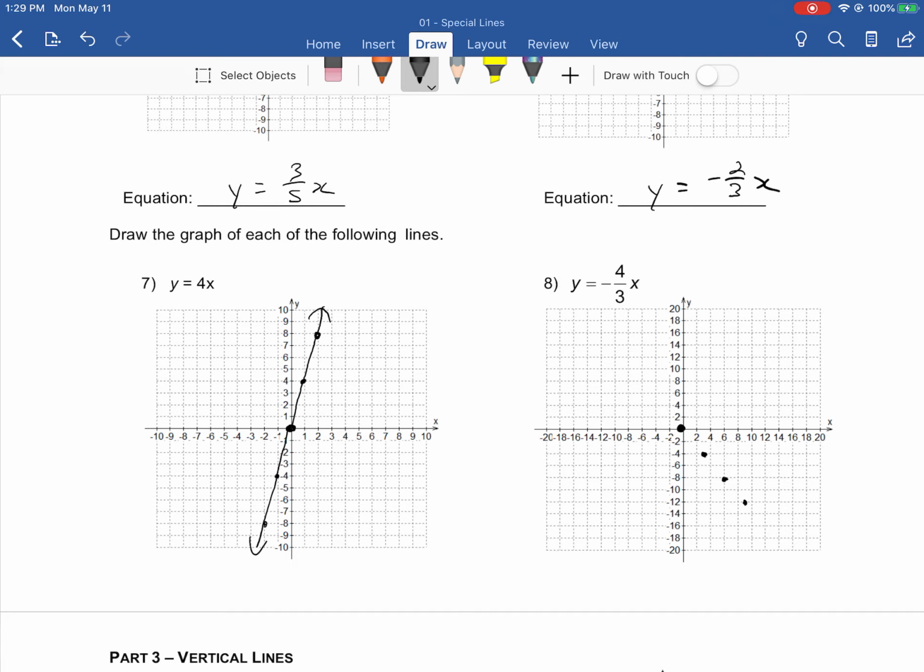I don't have a ruler, so I'm going to have to actually get all the points down here so that I can draw a nice straight line. And going this way, it was down 4 for every over 3, so something like this. And then this. And then this. And then this.